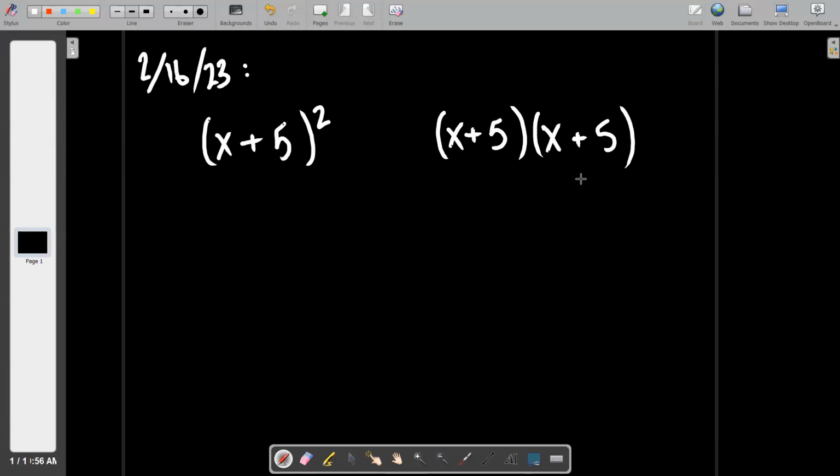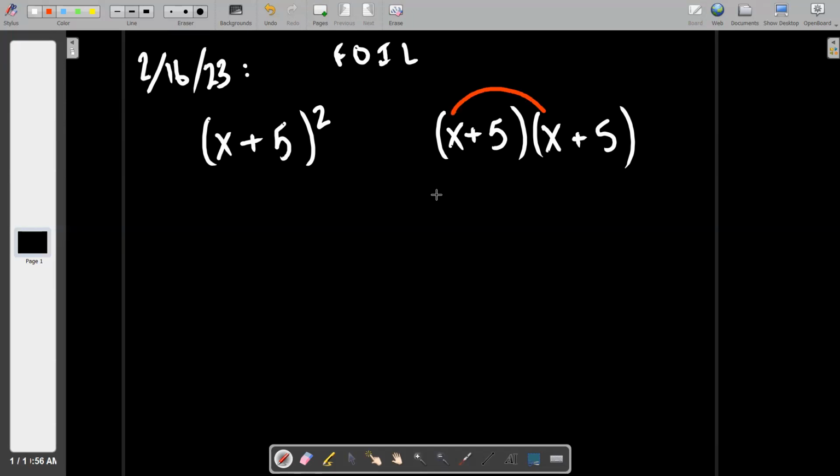Some people call it FOIL. Have you ever heard me say FOIL before? First, outer, inner, last. Some people remember that little acronym. It's one of the few things a lot of people remember about high school math, quite frankly. So foiling looks like this. Again, this is not what I'm teaching you today. I just want to remind you that if what I teach you today doesn't go well, you can always fall back on this. So here goes.